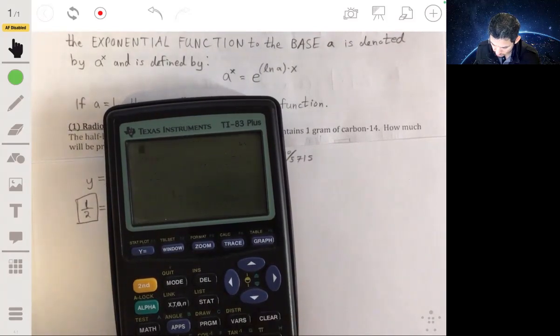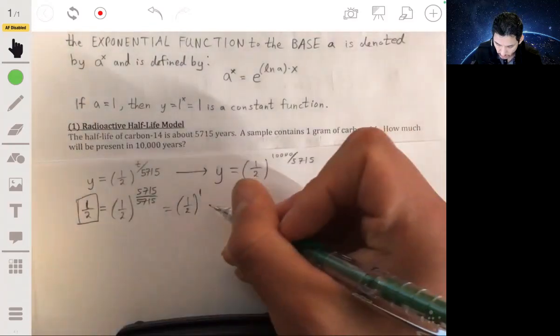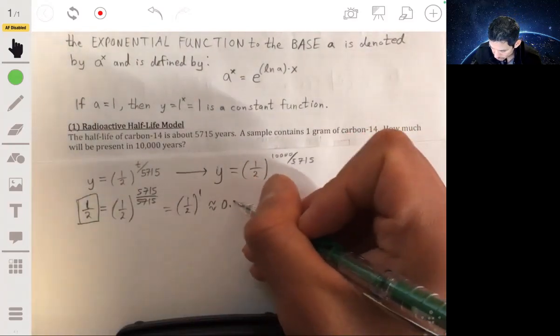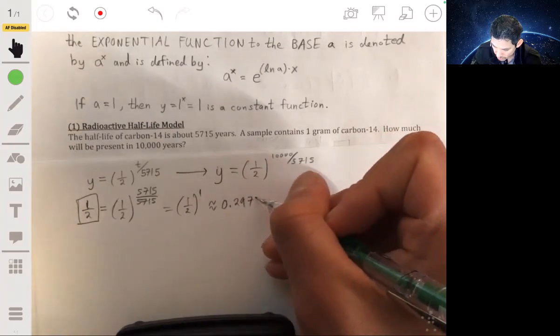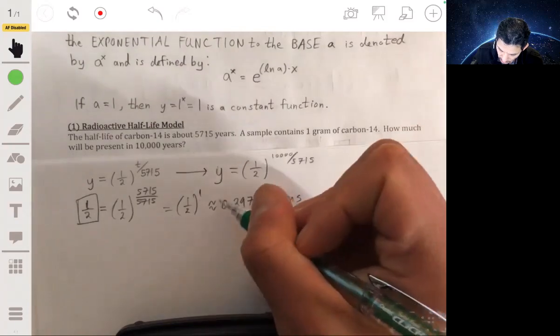We got 0.5 raised to the 10,000 divided by 5,715. And we'll get about 0.297. 0.2973 grams will be left after 10,000 years.